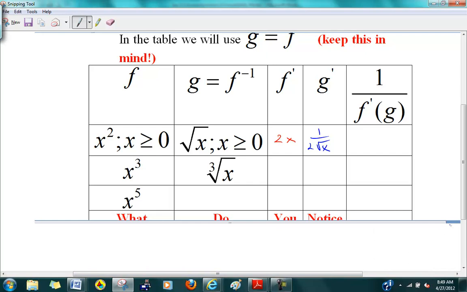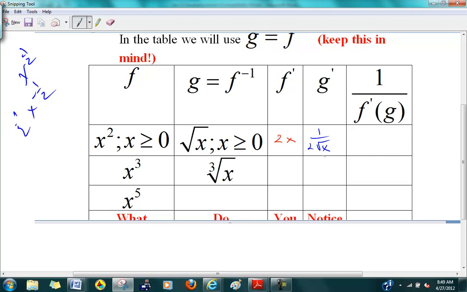Is everybody okay on this? Wait, actually it's 1/2 x to the negative 1/2. It's the derivative of x to the 1/2, so the half comes down, and then you subtract 1 from 1/2, which gives you negative 1/2, which means it's going to be downstairs, right?